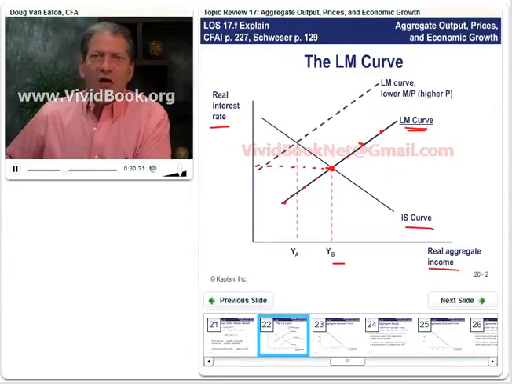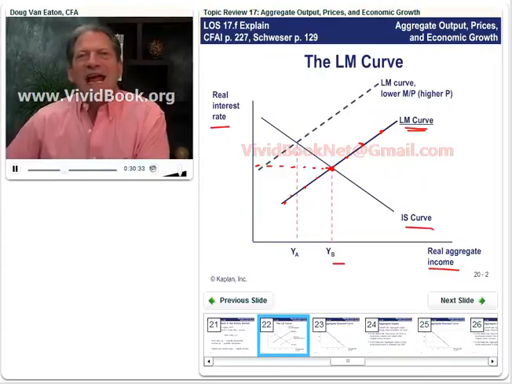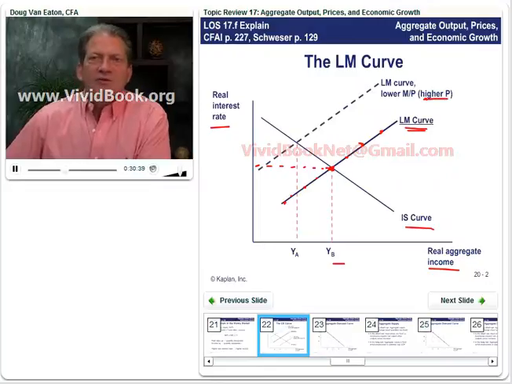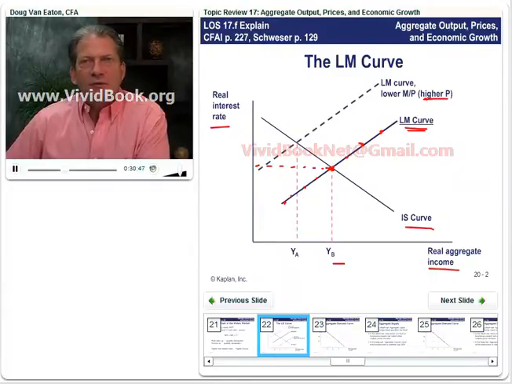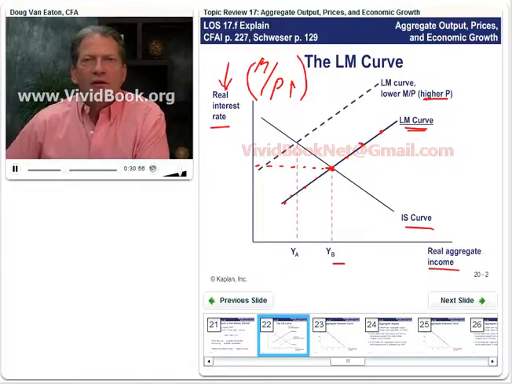So now the story is, in order to get the aggregate demand curve, we're going to plot the LM curve, these money market equilibrium pairs, at a higher price level. We said the real money supply was M over P; price level up, this whole thing goes down.